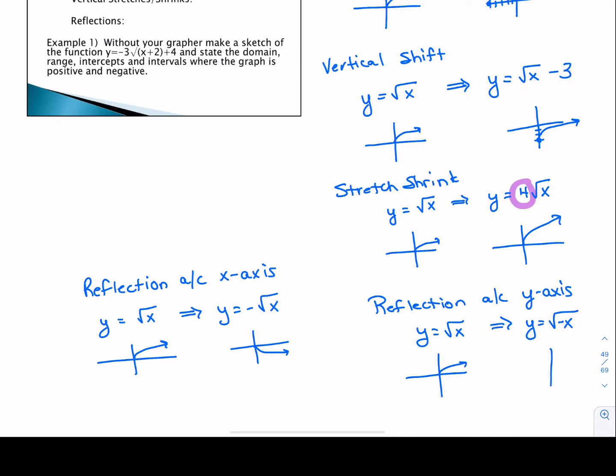If you have y equals the square root of negative x, you can imagine folding your original graph along the y-axis and creating this mirror image. So again, it's going to have a very different domain because all of my x values are going to have to be negative, because when I substitute them into my radical, I will take the negative of a negative number, which will in turn become positive. So a reflection across the y-axis dramatically changes things like your domain.